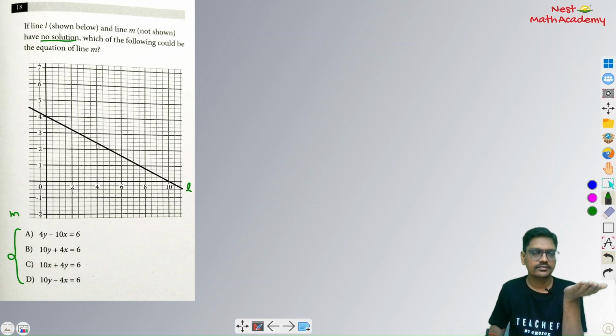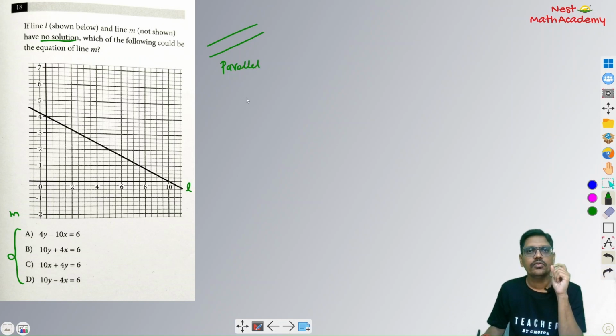We know that when two lines are drawn, they will not have any solution only if they are parallel. Yes or no? If they are parallel, when the two lines are parallel, the slope is equal. Slope of the two lines must be same.